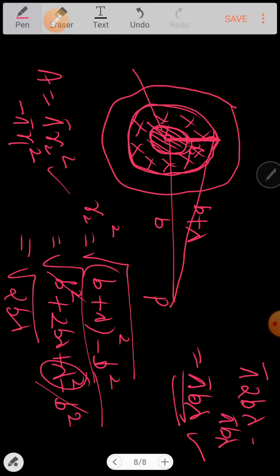That's the area of the second zone. Area of the second zone means the area between the first circle and the second circle. So we subtract the area of the first zone from the total area, pi r2 square minus pi r1 square, and what we get is pi b lambda.